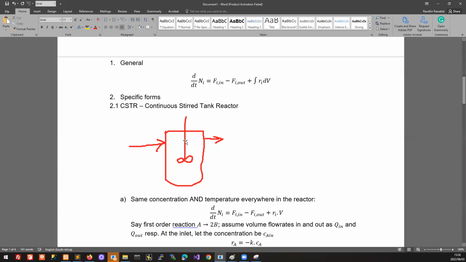That's a good thing. But if we are using a CSTR, let's say we were feeding 100 moles per cubic meter in, and we got 80% conversion, then our concentration of A is 20 moles per cubic meter in this reactor. That means every single point in this reactor has 20 moles per cubic meter. So our reaction rate is stuck to that one low value through the whole volume of this reactor.